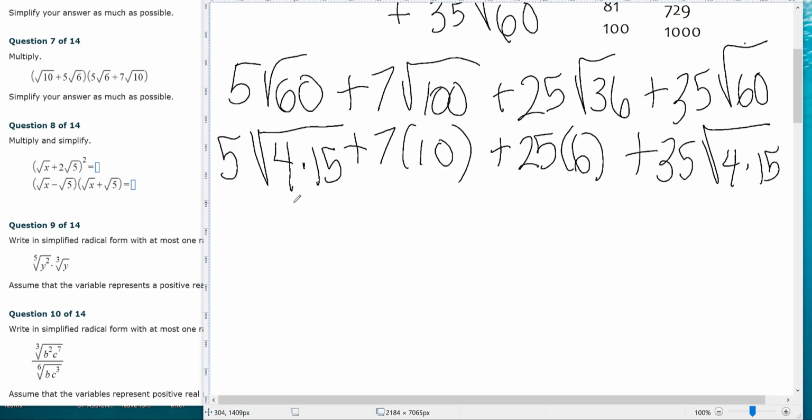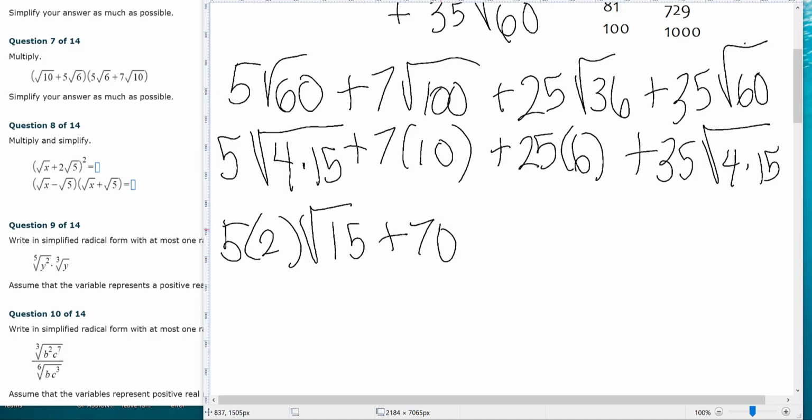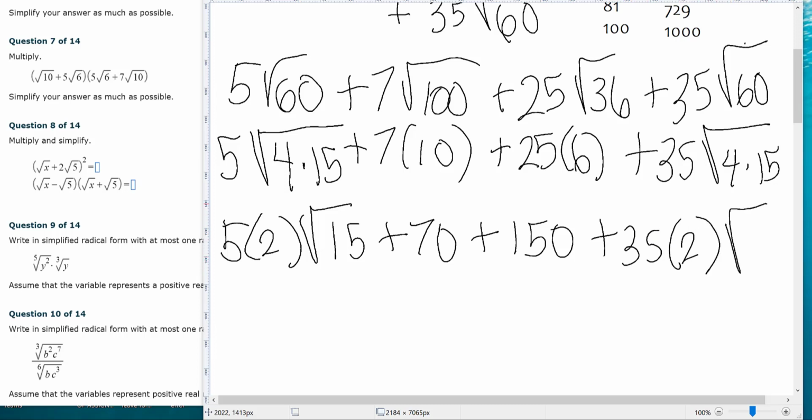Now the square root of 4 comes out as a 2, so it's 5 times 2 square root of 15 plus 70, 7 times 10, plus 150, that's 25 times 6, plus 35, the 4 comes out as a times 2 square root of 15.